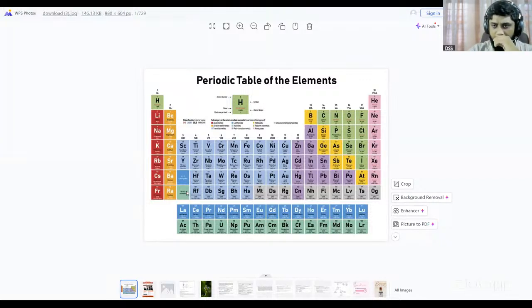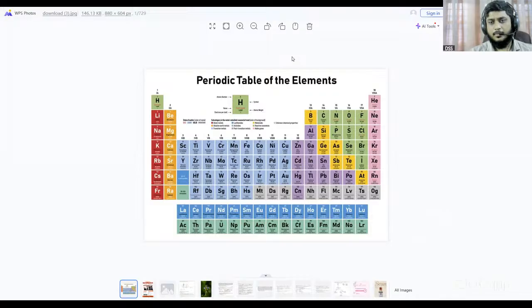The 33rd element is arsenic. In the arsenic group, what are the other elements? Nitrogen, phosphorus, arsenic, antimony, bismuth. The chemical properties of the same group are almost equal. So this should definitely be one of these: nitrogen, phosphorus, arsenic, antimony, bismuth.